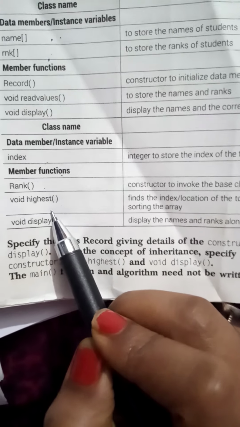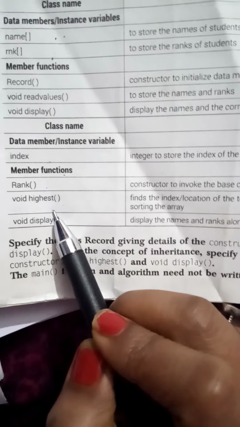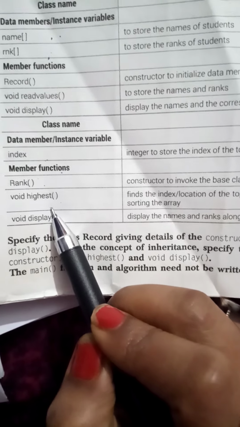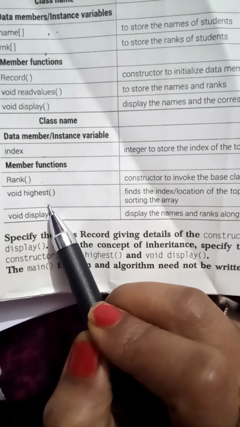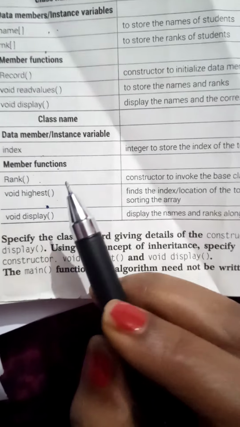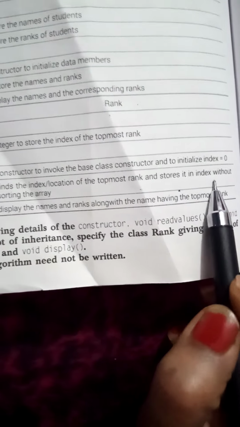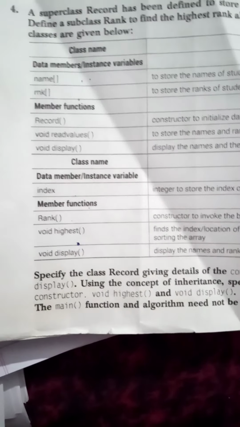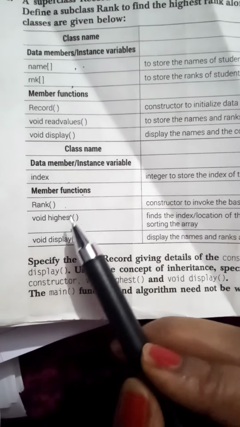The rank array is there; you have to find the highest rank without using sorting. You will not sort the array. You will find the topmost rank and store it in index, which you have initialized with 0 in class rank.